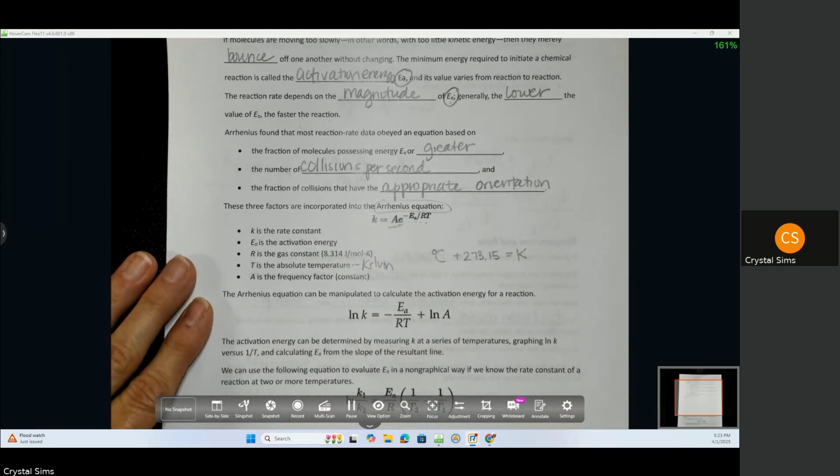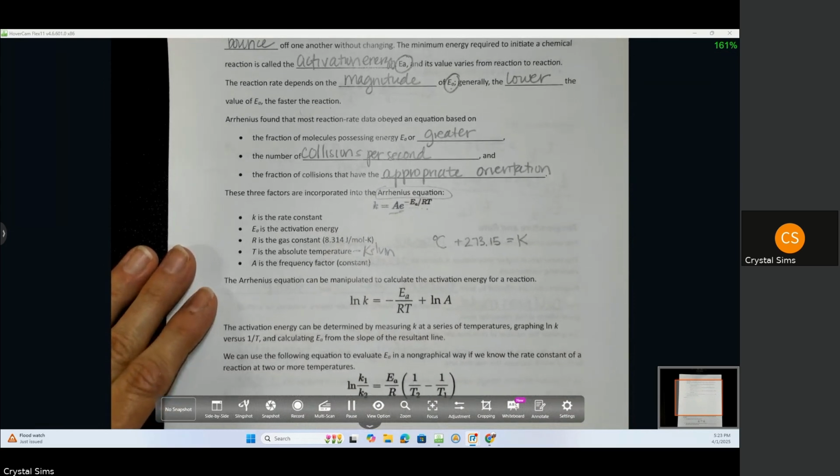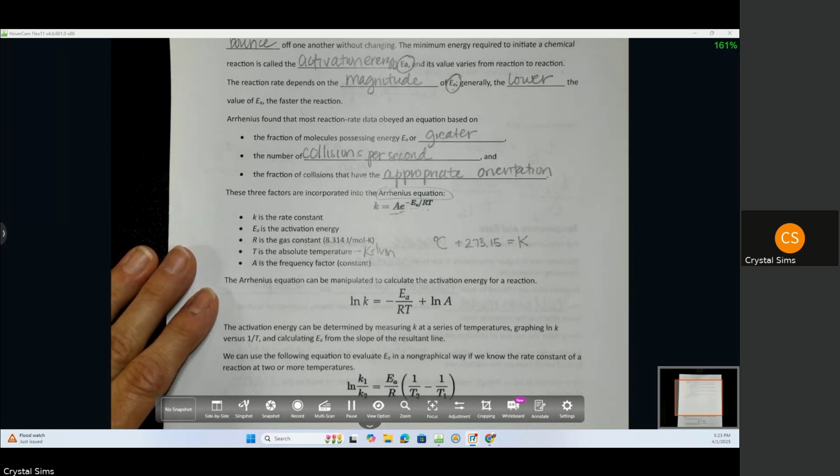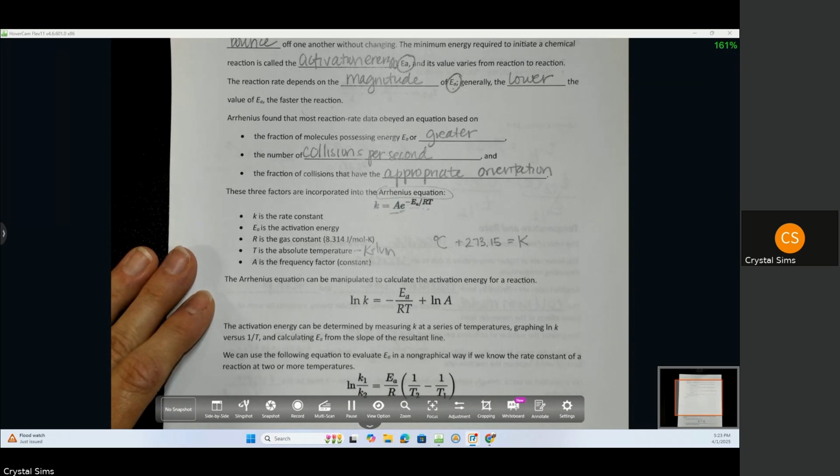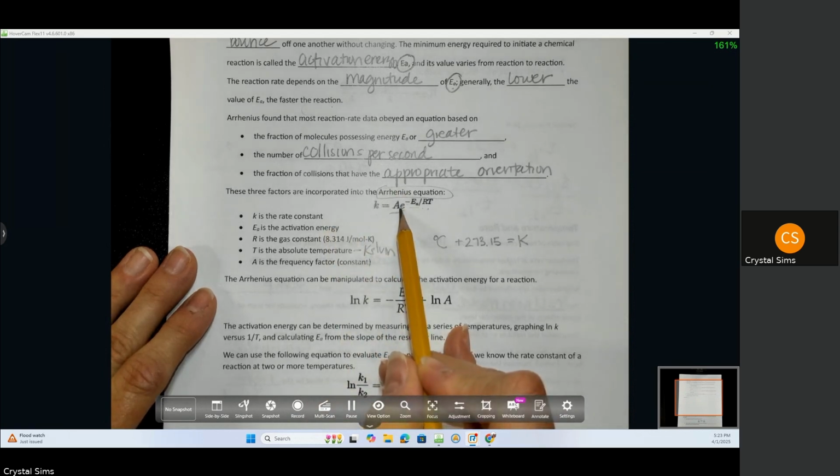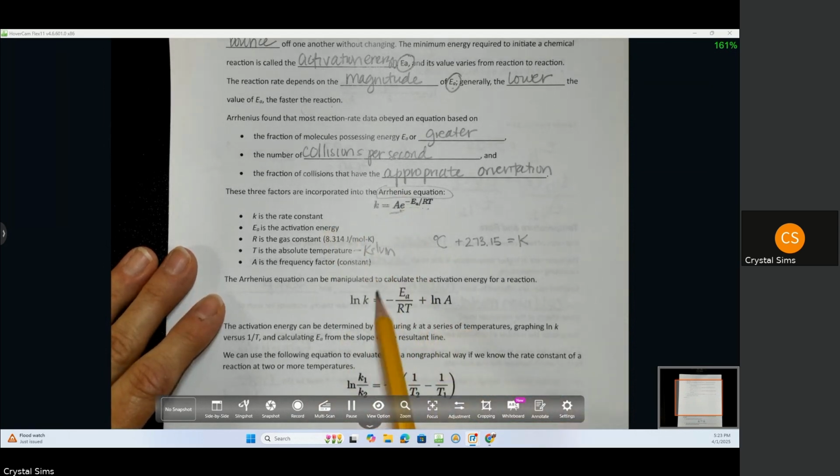Now we can manipulate this to calculate the activation energy for a reaction by taking the natural log of both sides. Because again, remember, this is the inverse of the natural log, so to get it out of that form, we take the natural log of both sides.